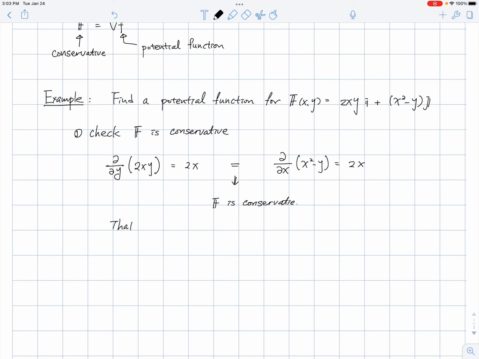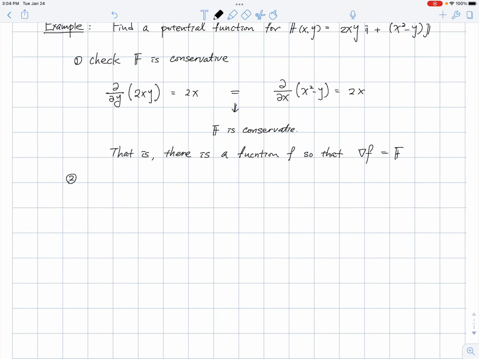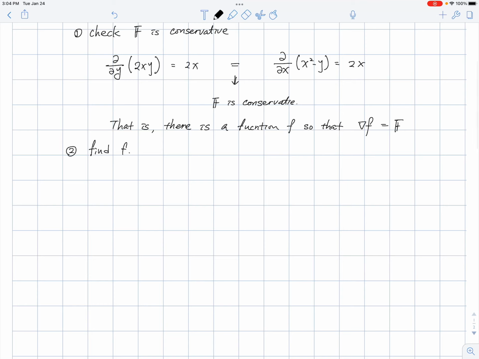Okay, that is saying there is a function, let's say f function, so that the gradient of this function is equal to the given vector field. Okay, so now let's find f.